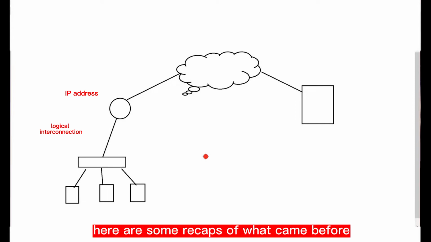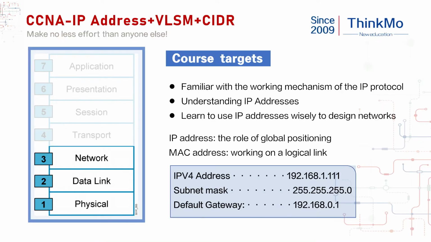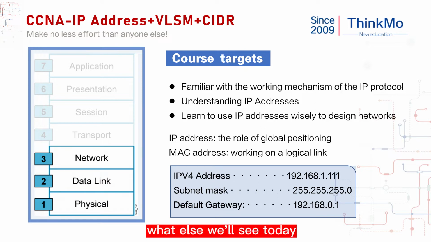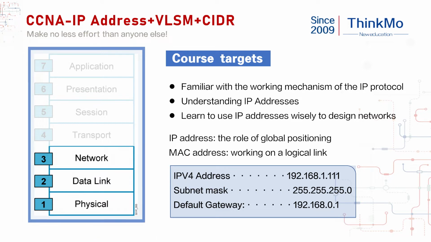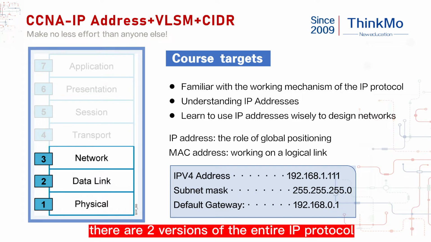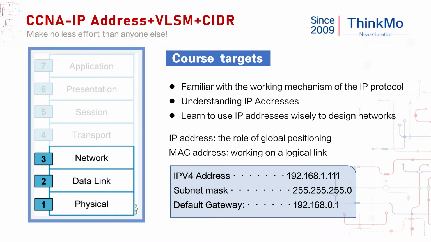Here are some recaps of what came before. So let's take a look now. Other than the IP address, what else will we see today? First, there is an IPv4 address here. When I told you about the IP header before, I should have mentioned there are two versions of the entire IP protocol: version 4 and version 6.